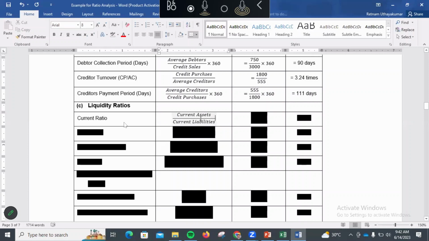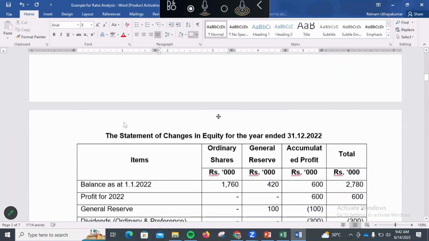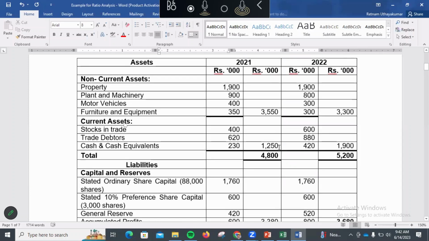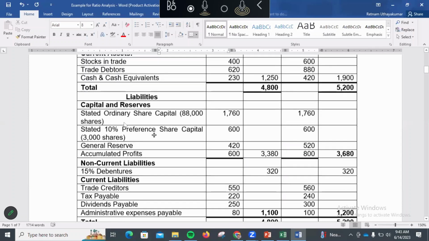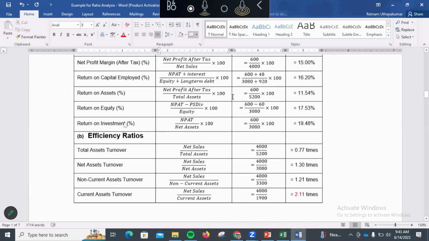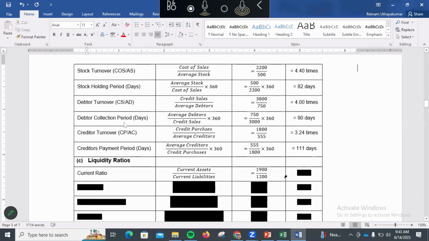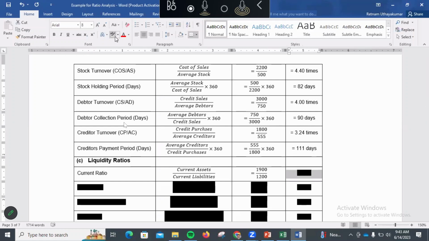Then you want to find out the substitutions. Current assets you can get from the sum: current year 1900, current liabilities 1200. So you can substitute that figure, 1900 over 1200. The result would be 1.58.